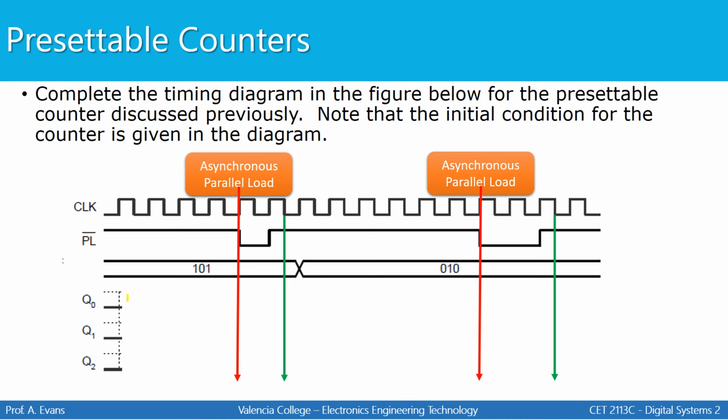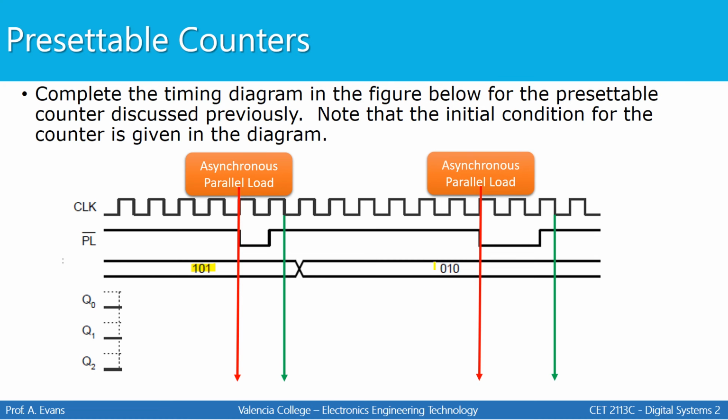I know that up until the first red line, it should count as normal. It should count up. I know that between the red and the green, it should load the value 101. That's our data that we're loading in. It should load that value and hold it until the green line. After the green line, it will begin counting up from that value. And I know it's going to continue counting up until I hit the next red line where I'm supposed to load.